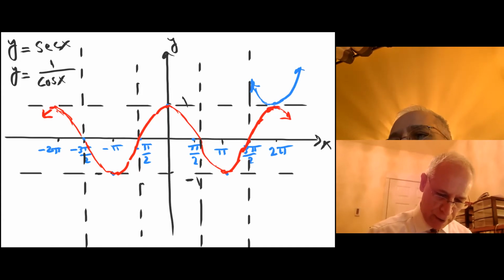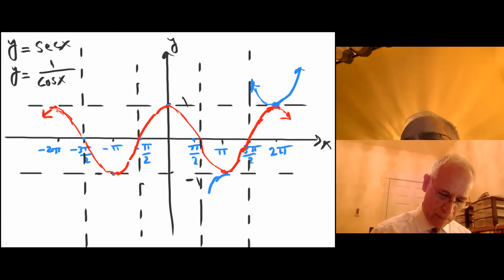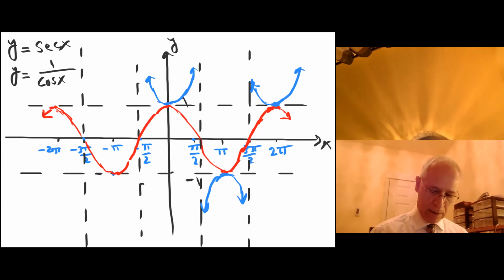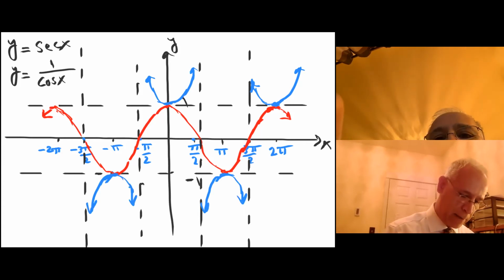They do touch at one point. So once again, the key to graphing cosecant and secant is first to graph sine and cosine, and then consider 1 over that. That's good enough.